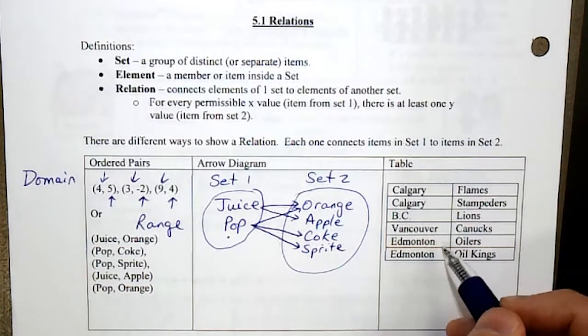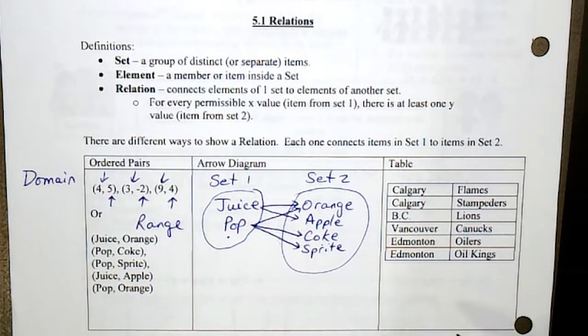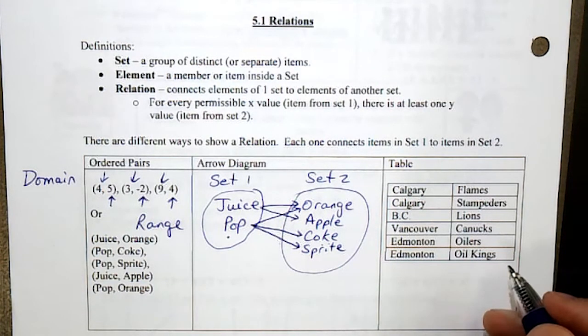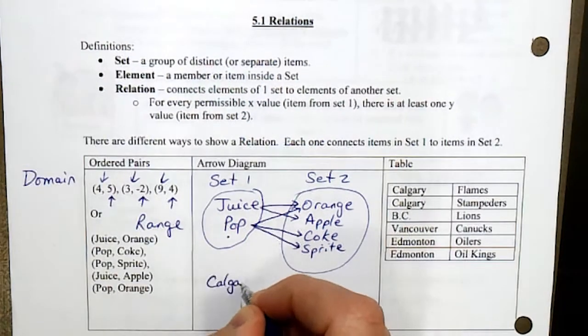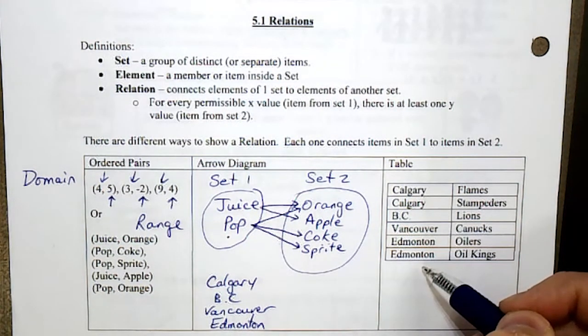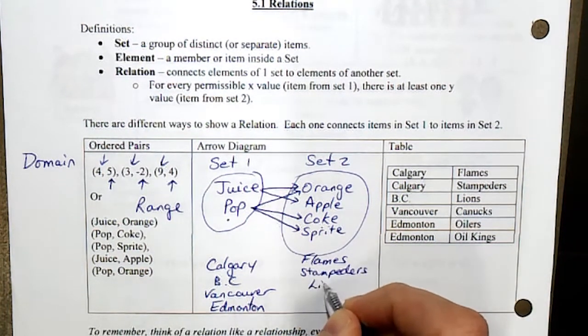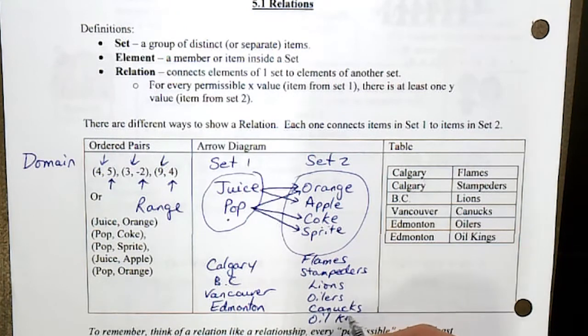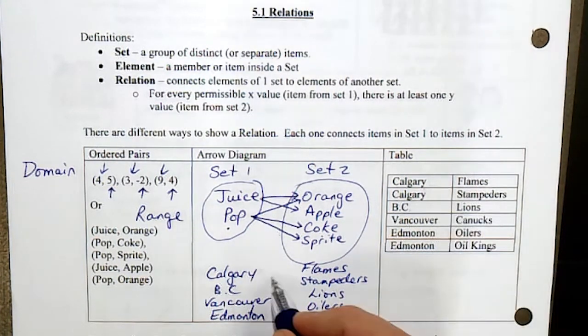Another example is a table. Here we have a table of all the cities compared to the sports team inside each city. So if we wanted to make an arrow diagram, we start with set one. We've got 4 different options. And set two, and so we have to go through the list, connect each and every one.